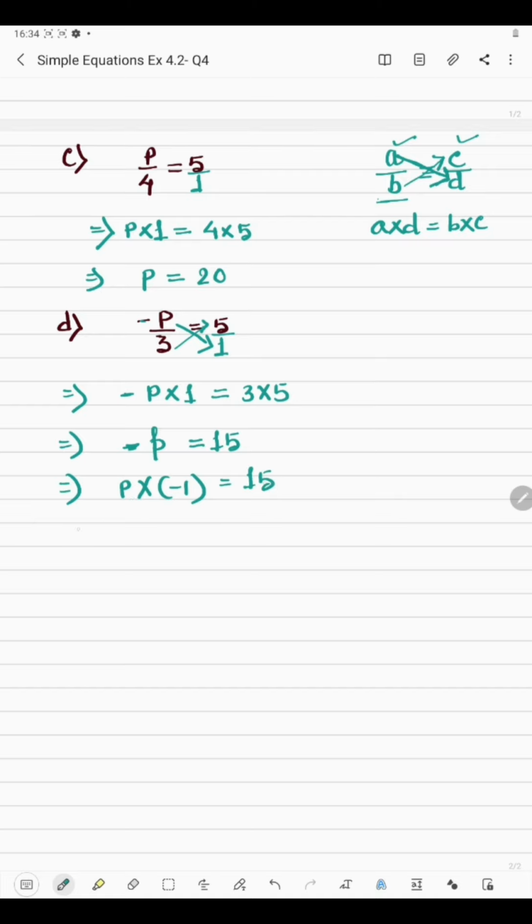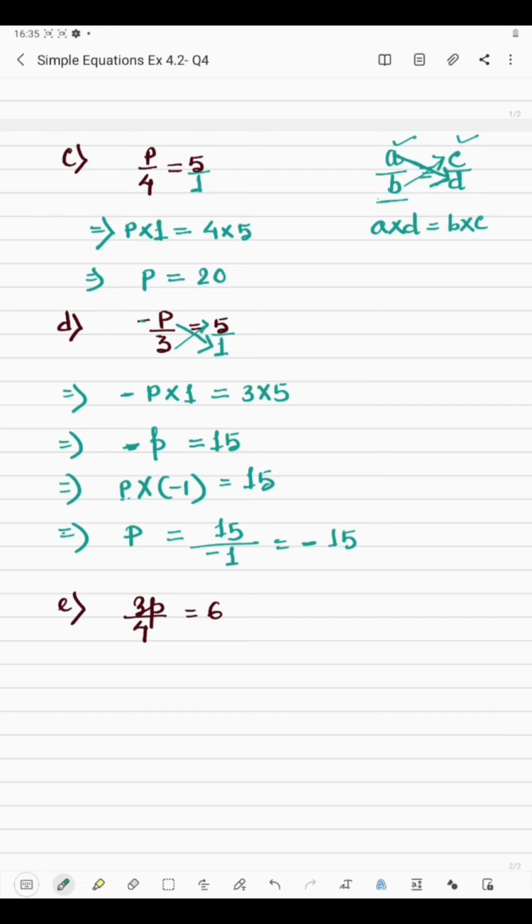So it is equal to 15. Now we have to find the value of p, so p will be alone. So 15 will be divided by minus 1. Now 15 by 1 means 15 only, and minus will be here. So the value of p is minus 15.